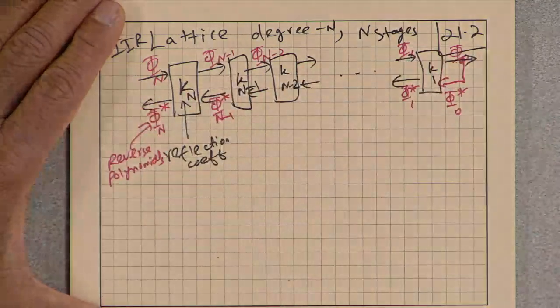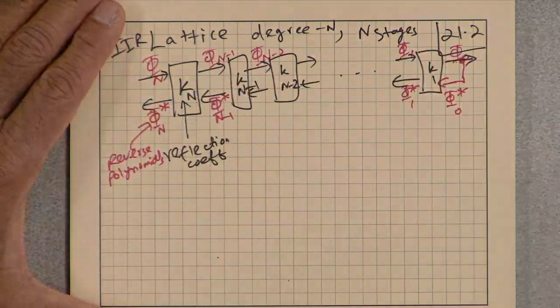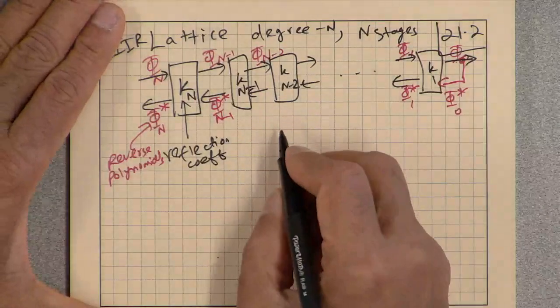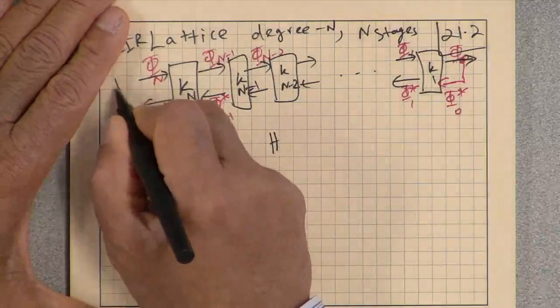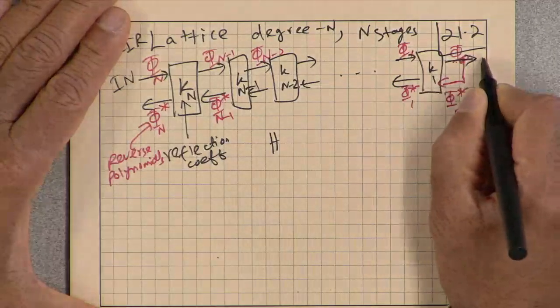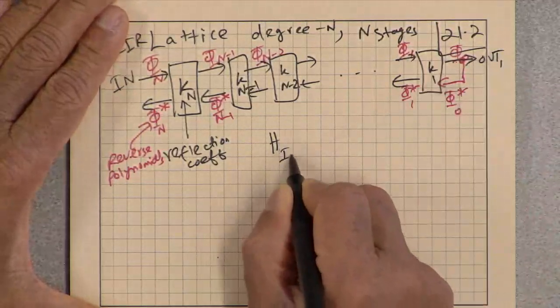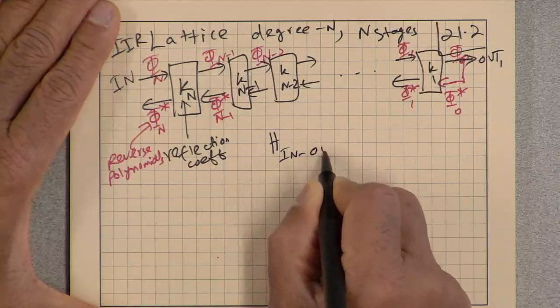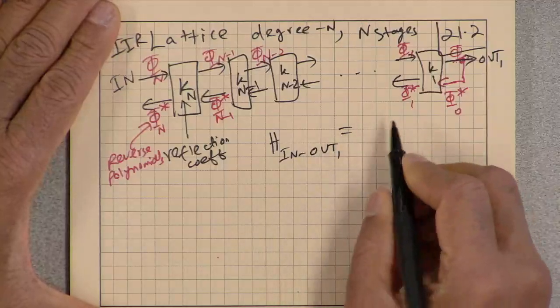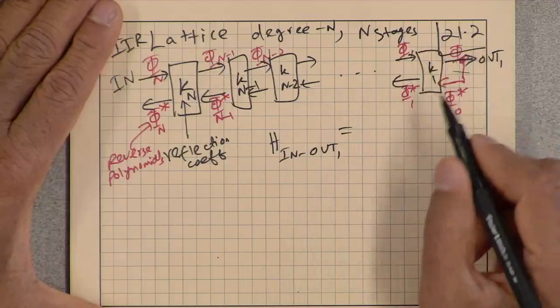it keeps propagating. So the transfer function, if this was the input and this was the output, let's call this out 1, the transfer function from input to out 1 will simply be that constant.